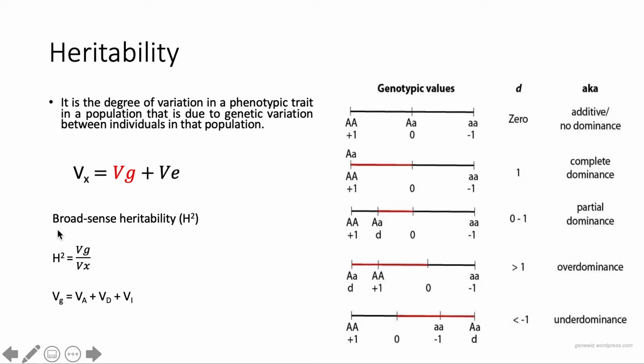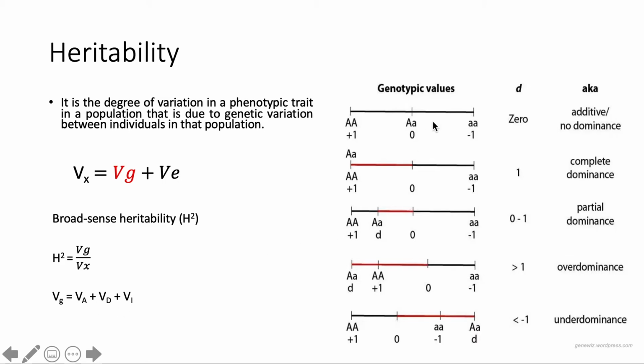The first heritability is the broad sense, represented with an uppercase H squared, and is equal to all the genetic variance over the phenotypic variance. Something important to remember is that the genetic variance is equal to the additive variance plus the dominant variance plus the epistasis between the loci in the genome.